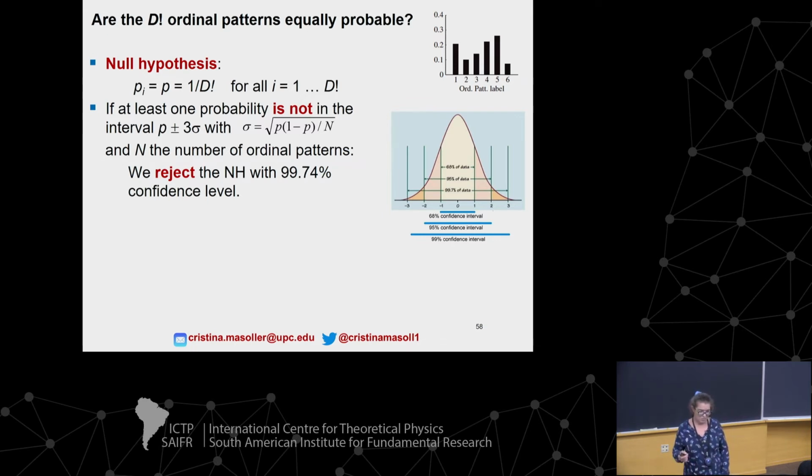This interval, you can choose the variation. For example, if I put a 3 here and I see a probability that is outside this interval of values, it's like seeing, is this a fair dice or not? You throw it many times, you compute probabilities, and then you do this test.